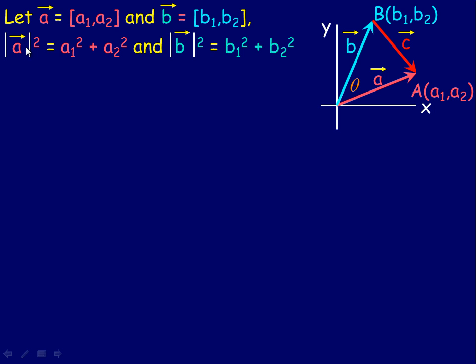Now the length of A, remember the length of A is you take the two components, square them and add them, so it's the x component squared plus the y component squared.